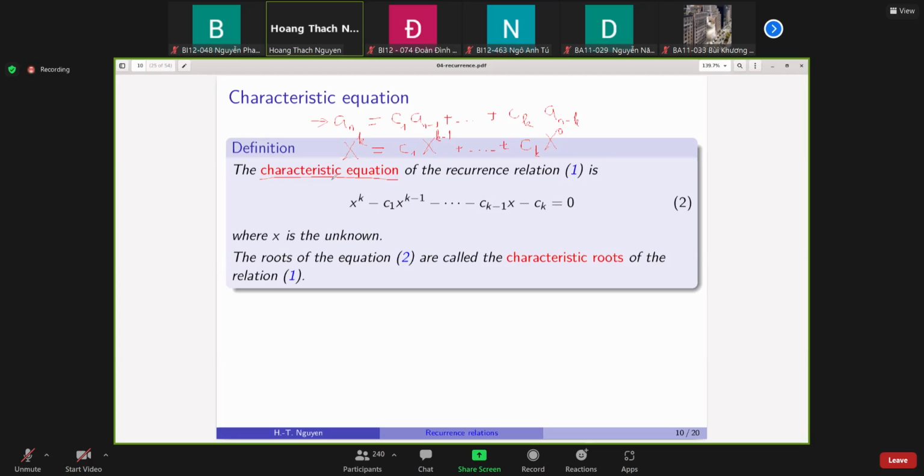So in order to solve for the generic formula of the relation, we need to solve this characteristic equation. The roots of this characteristic equation are called the characteristic roots of the corresponding relation. This is relation number 1.